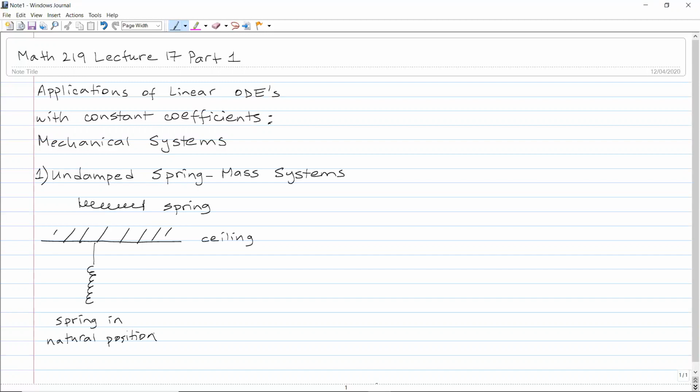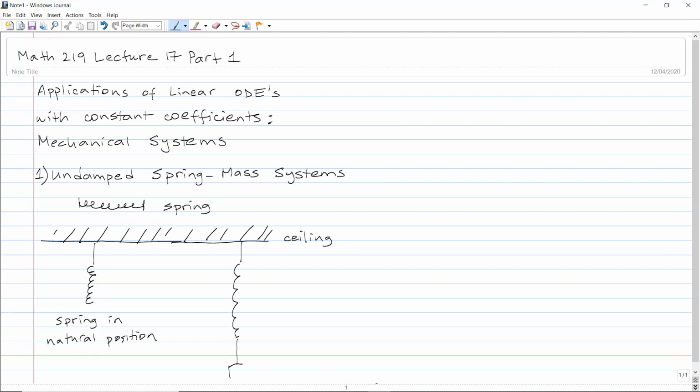And now we consider attaching a mass. So the same spring, this is the ceiling, but now we add a mass. So the spring is elongated.